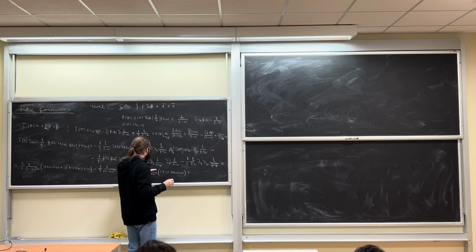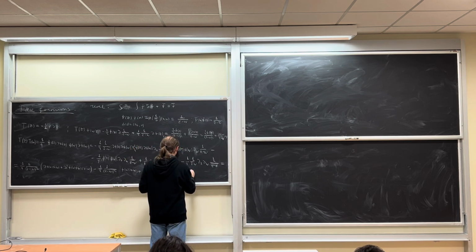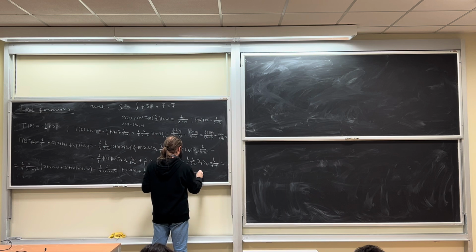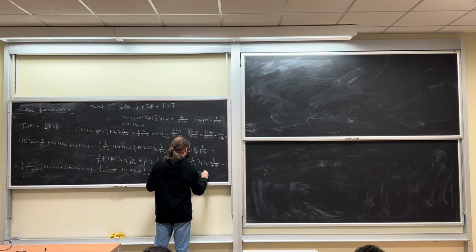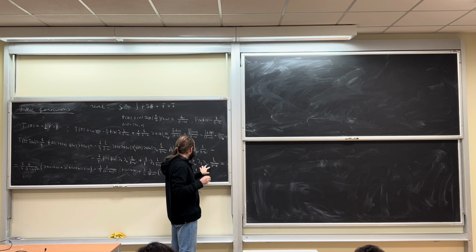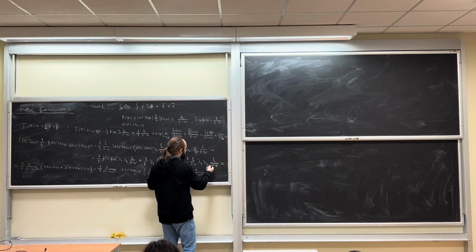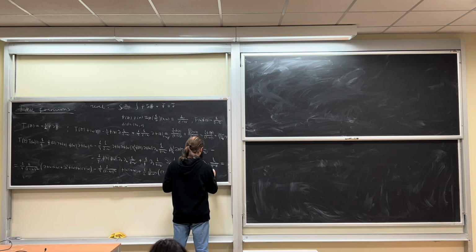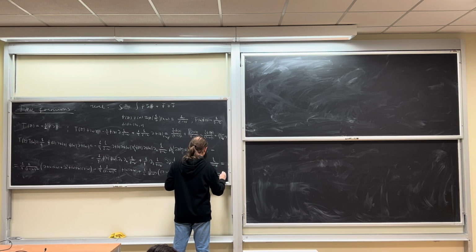So it is minus 1/4 1 over z minus w fourth, and this term gives, when we differentiate for the first time, 1 over z minus w squared. When we differentiate for the second time, it gives minus 2 over z minus w cubed. So in total, it is plus 1/2 times 1 over z minus w fourth.